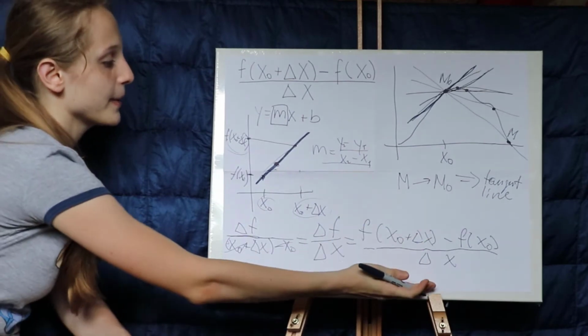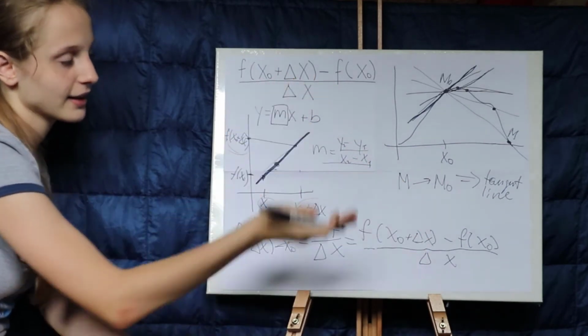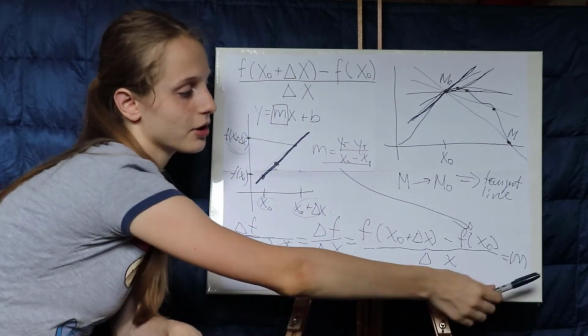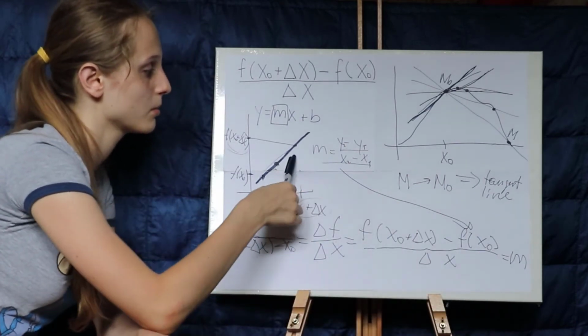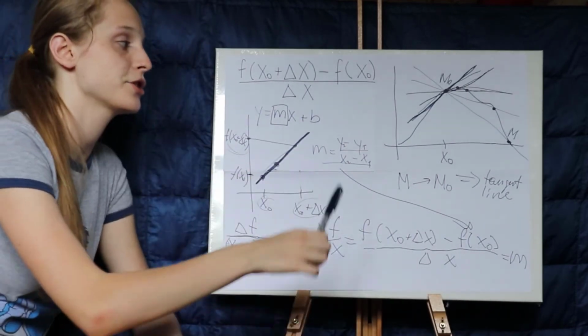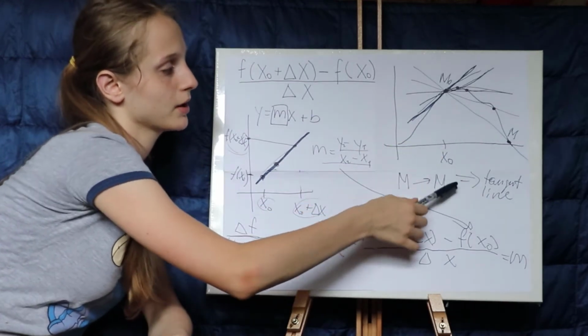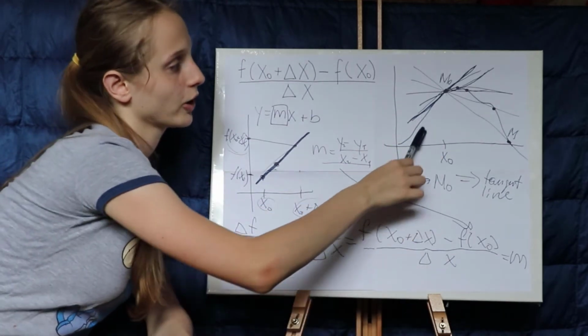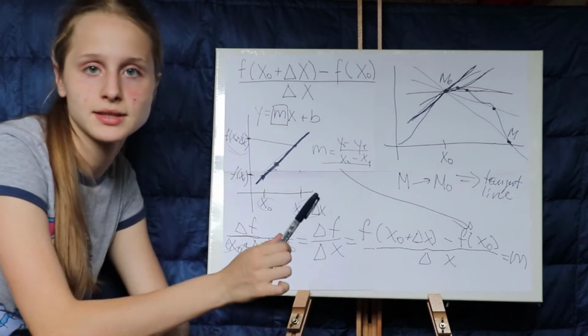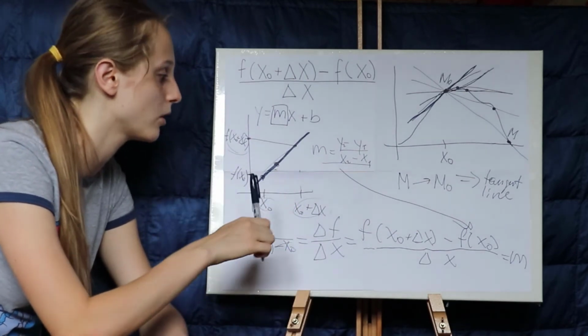And look where we came to. They're exactly the same. So really it's just all equal to m, or our slope, for this line. And it turns out that this formula can be used to find the derivatives of any point x sub 0 on functions like this, where the car is not moving at the same speed all the way through.